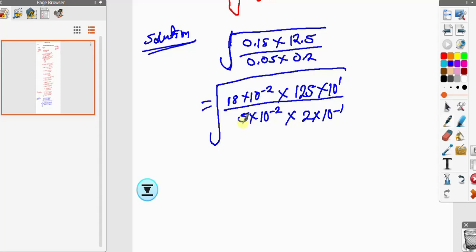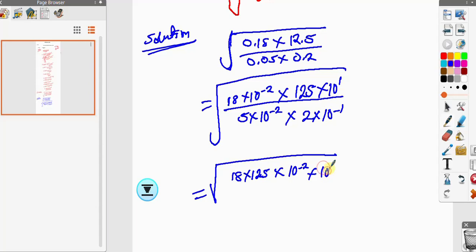So from here now, we have our square root, which is 18 times 125 times 10 raised to power minus 2 times 10 raised to power minus 1, right, over 5 times 2 times 10 raised to power minus 2 times 10 raised to power minus 1, right?